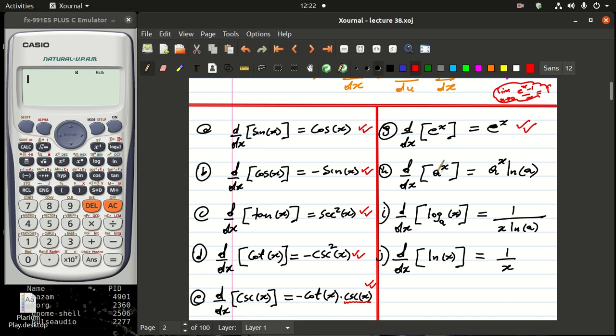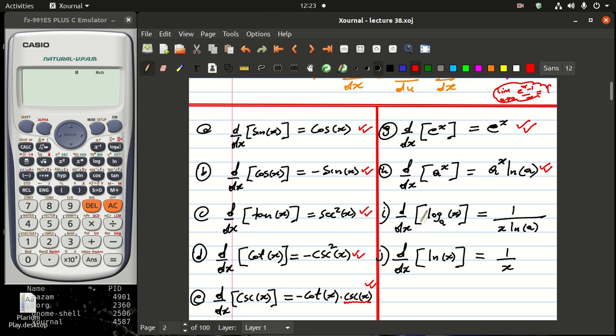the derivative of the exponential function a to the power x is the same as a to the power x times ln of this constant a. And of course, if you are using this, you can see that if a was e, you'll end up having ln e, and ln e is the same as 1, so you end up getting something of that nature.